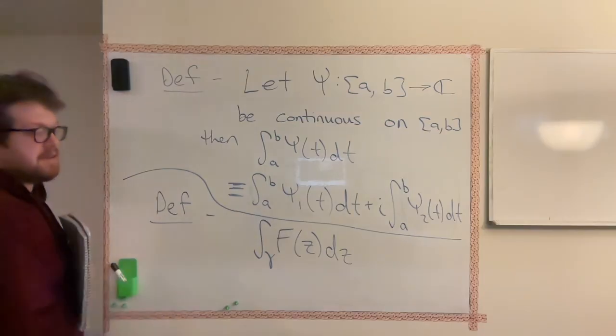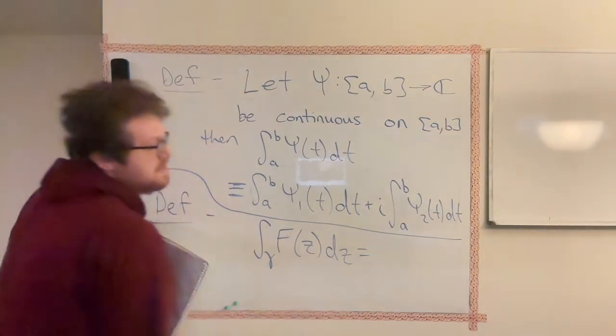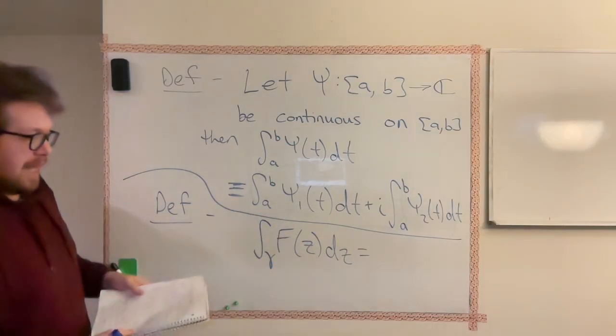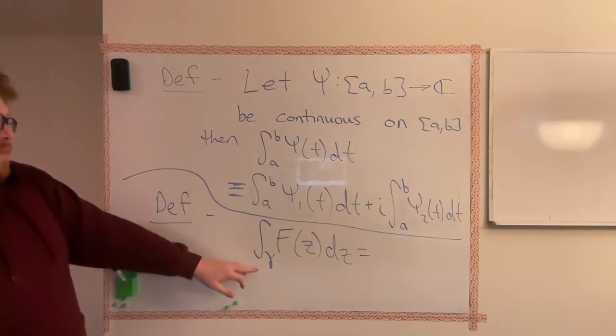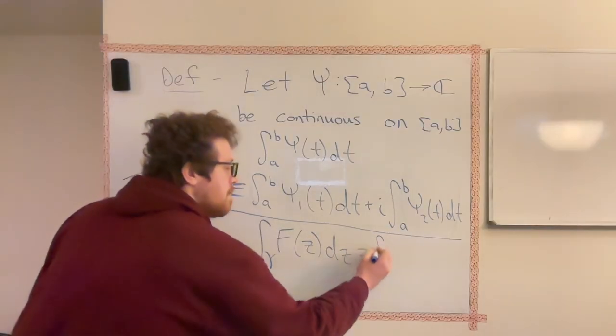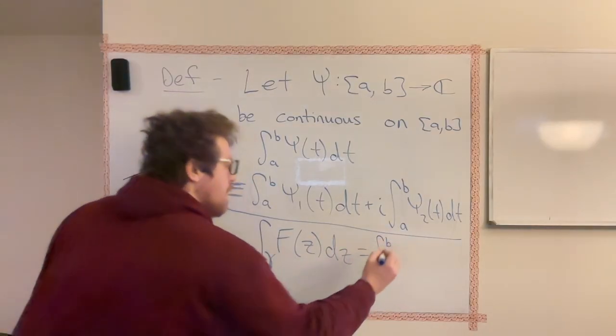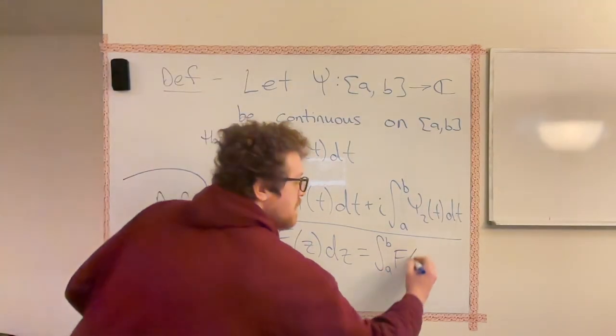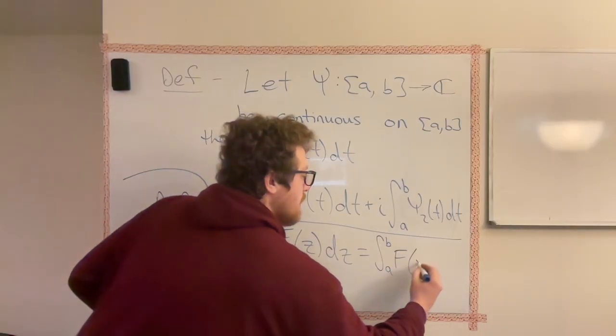Well, it's not really chain rule; we're basically defining it as if the chain rule should work. We parameterize the curve gamma from a to b, and take an integral from a to b of F, where z is parameterized by gamma, so it's F of gamma of t.